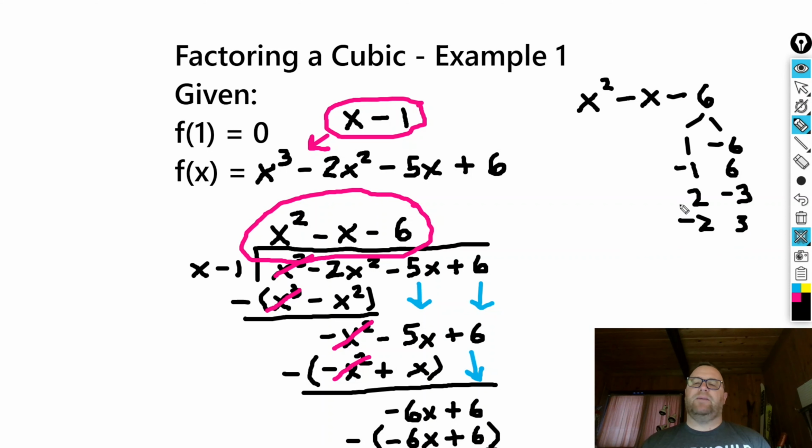And we want to find the pair of factors that adds to negative 1, the middle term here, and that is 2 and negative 3. So this quadratic factors to x plus 2 times x minus 3.